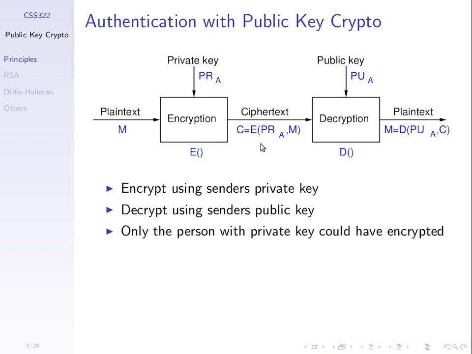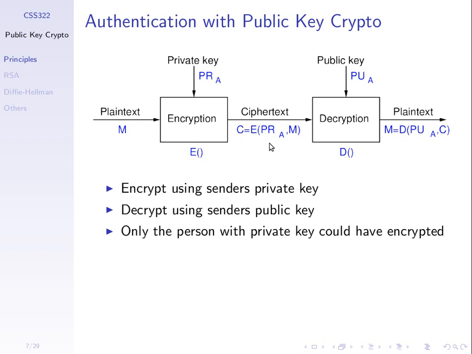Can the attacker send a message pretending to be A? How do they do that? If I send a message pretending to be A, I need to encrypt that message with some private key. Of course I don't have the private key of A, because that should be private to A only.